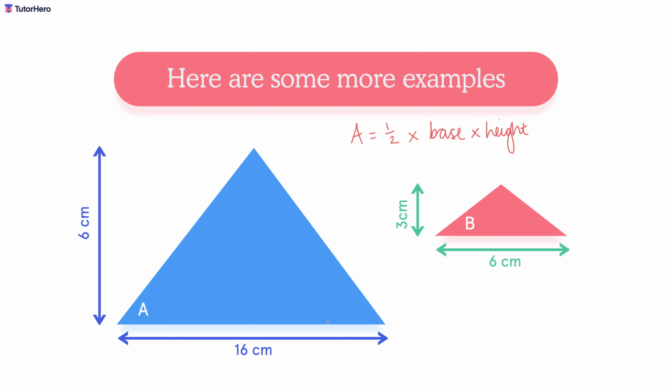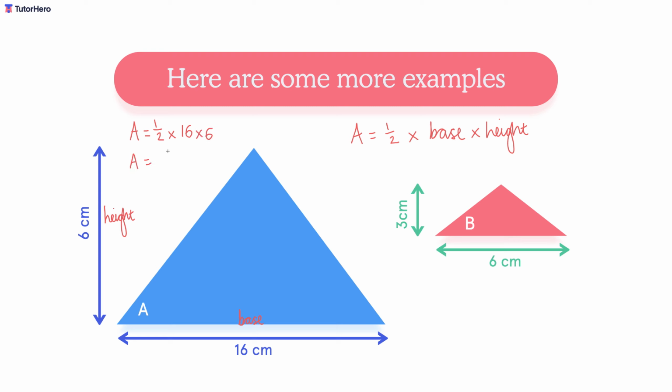So starting with triangle A, the base is 16 centimetres and the height is 6 centimetres. So let's use our formula to work out the area. Half times 16 times 6.